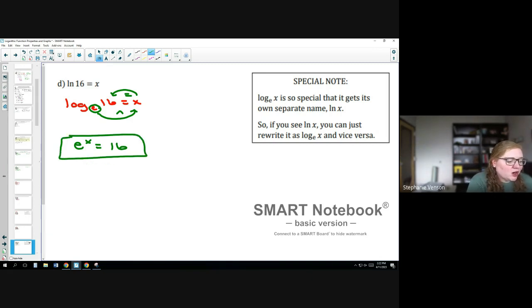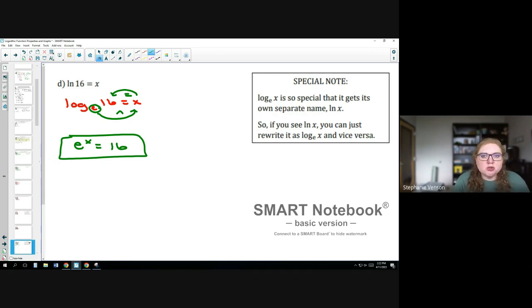Okay, so there are examples 3 and 4 where you have to rewrite exponentials as logs and then rewrite logs as exponentials. Just be prepared that you will have several of those in your homework when you go to do this assignment. Also, as a side note, one other benefit that you could take advantage of since you have to watch this lecture in a video versus in class, you're welcome to stop after each example and then go try those homework problems.